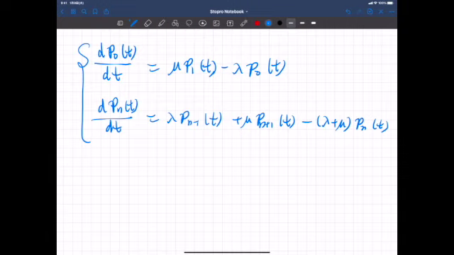And in principle, we could solve these equations to find some explicit expressions for p n of t, or we could do some simulations using computer programs. But here we take an alternative approach called the limiting process.